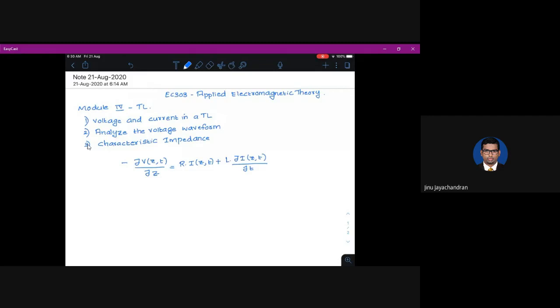And the second equation is dou I of z comma t by dou z is equal to G into V of z comma t plus C into dou V of z comma t by dou t. Okay.